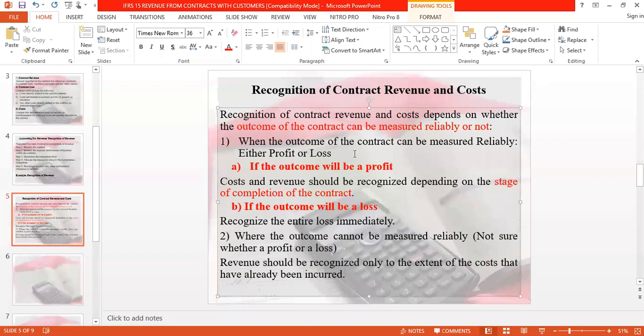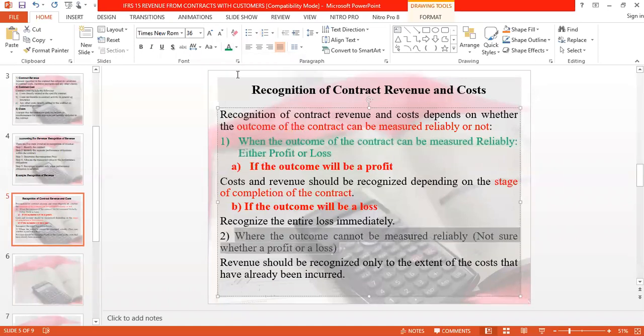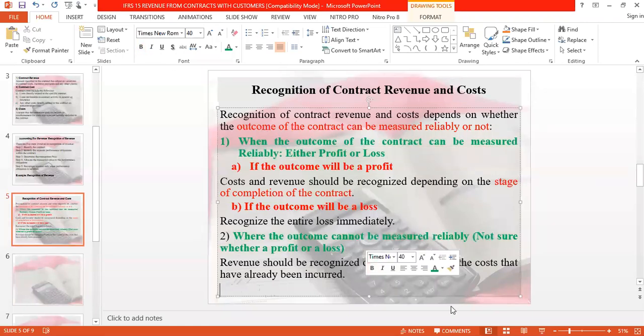If you are not sure whether you will make a profit or a loss, the revenue to be recognized is to the extent of the costs that you have incurred. If so far you have incurred costs of 2 billion, the revenue that you will recognize is 2 billion.